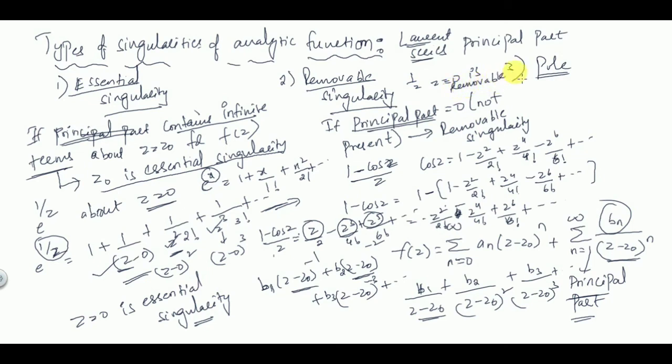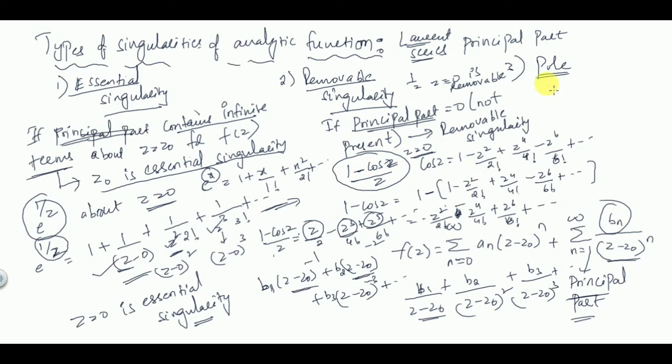So for this function z is equal to 0 is a removable singularity, and for the earlier function z is equal to 0 is an essential singularity. Depending on the function, even for the same value of z naught, you will get one as an essential singularity and the other as a removable singularity. Understood? So this is the difference between essential singularity and removable singularity.